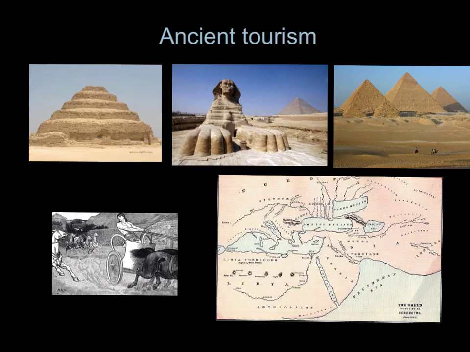We also have travel writing, so if anybody's looked at like Lonely Planet guides or anything, that's what travel writing is, and that began right back with Herodotus in 485 BC. So he visited Egypt, North Africa, the Black Sea, Mesopotamia and Italy, and this here is a map that Herodotus created on his travels during his lifetime.